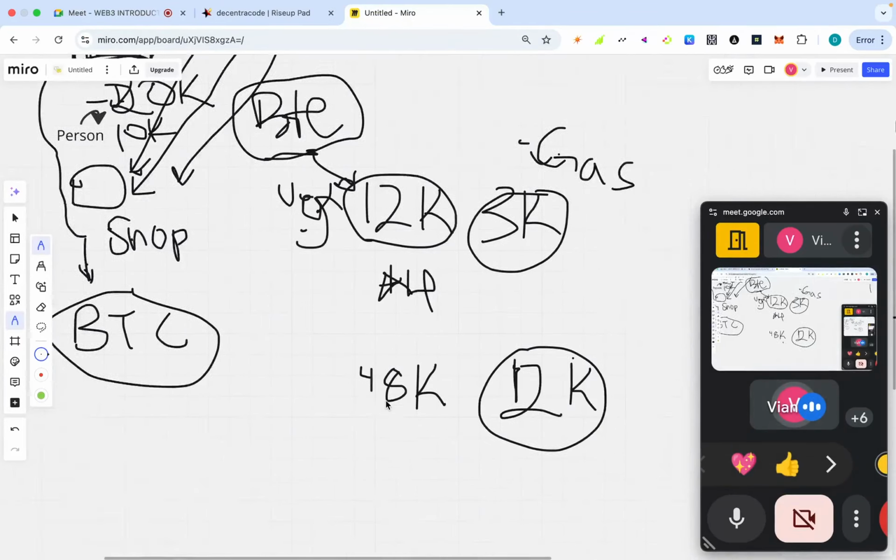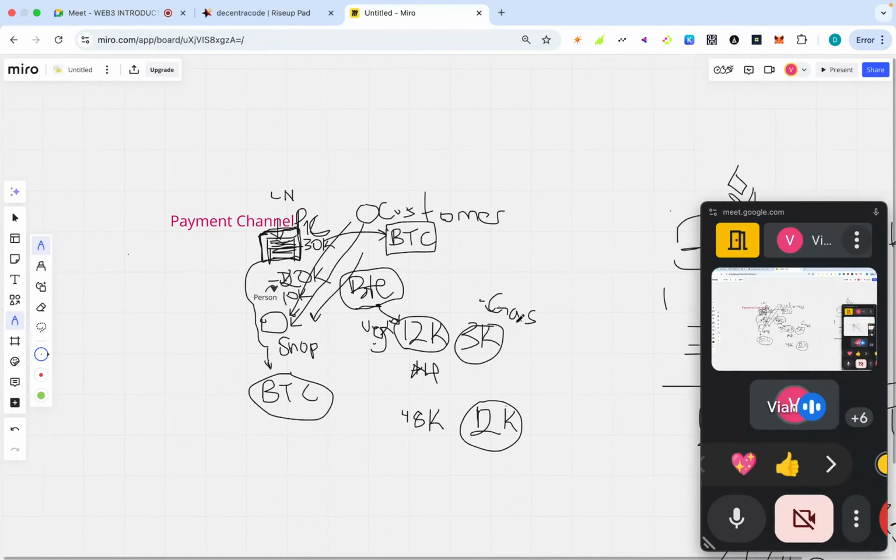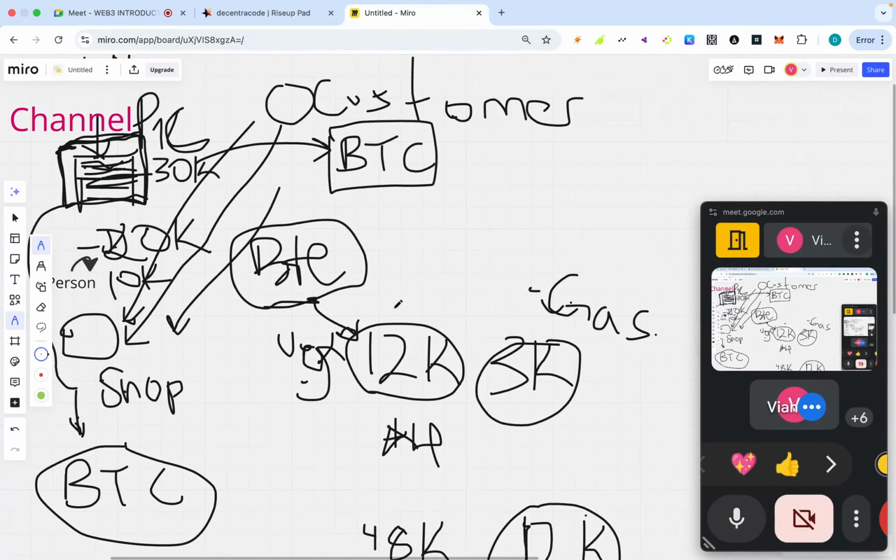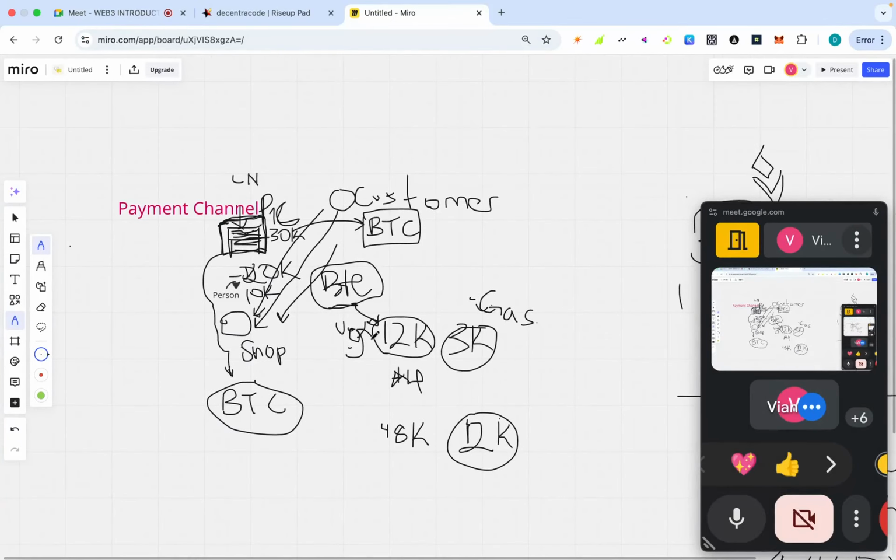Let me go back to this example that I gave. We had 12K with gas fees of 3K. We had maybe 48K with gas fees of 3K. This is just a total, by the way. So we did 12K at 3K 4 times. But instead of spending this 4 times a day, what if I instead spent 48K all at once in the evening?